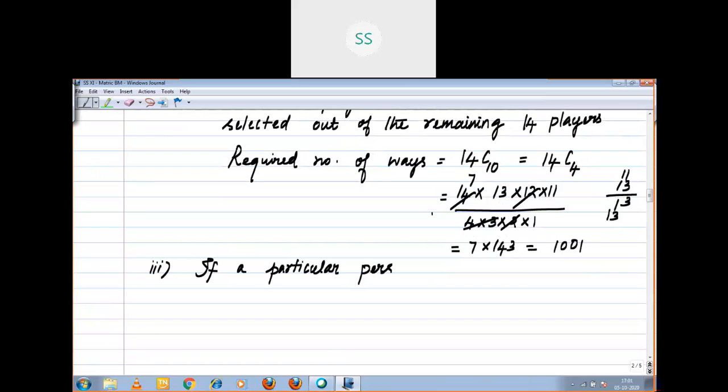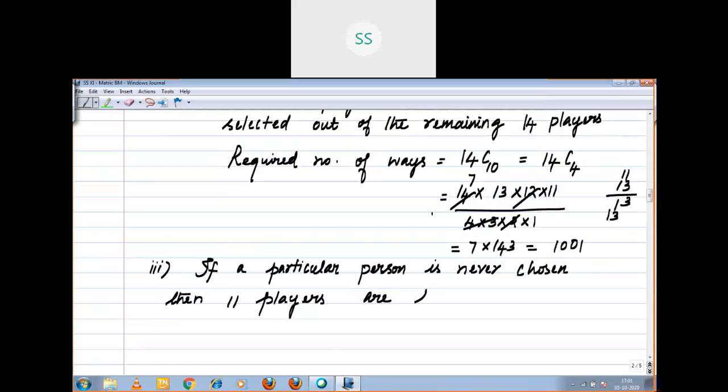The third subdivision. If a particular person is never chosen. Never chosen. That means how many players? We need 11 players.